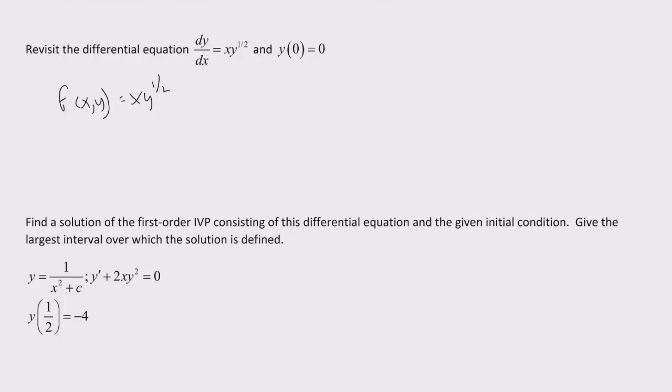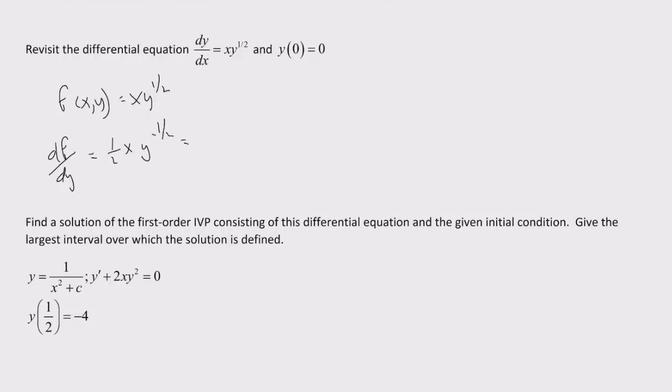And then I take the derivative df/dy, so now I'm doing a partial derivative with respect to y. I'm going to treat x as a constant, so that's 1/2 x times y to the negative 1/2 power.